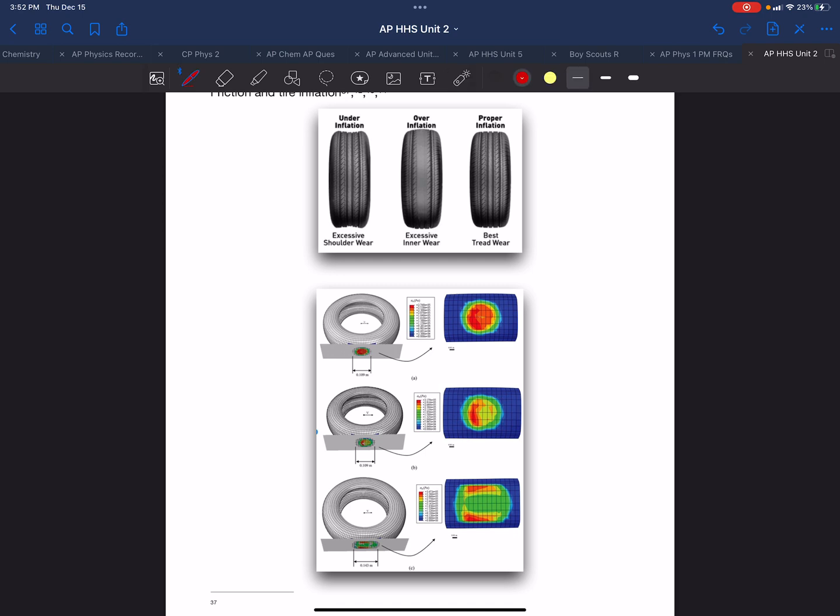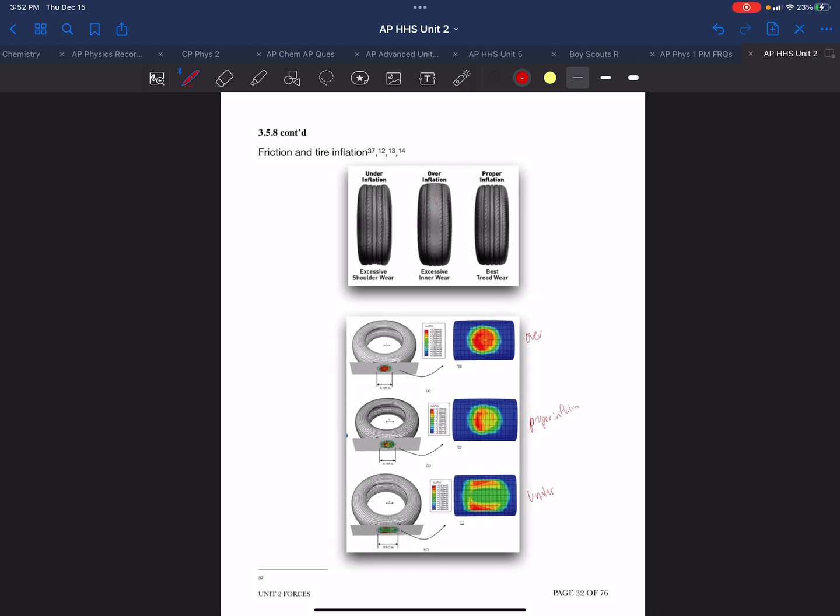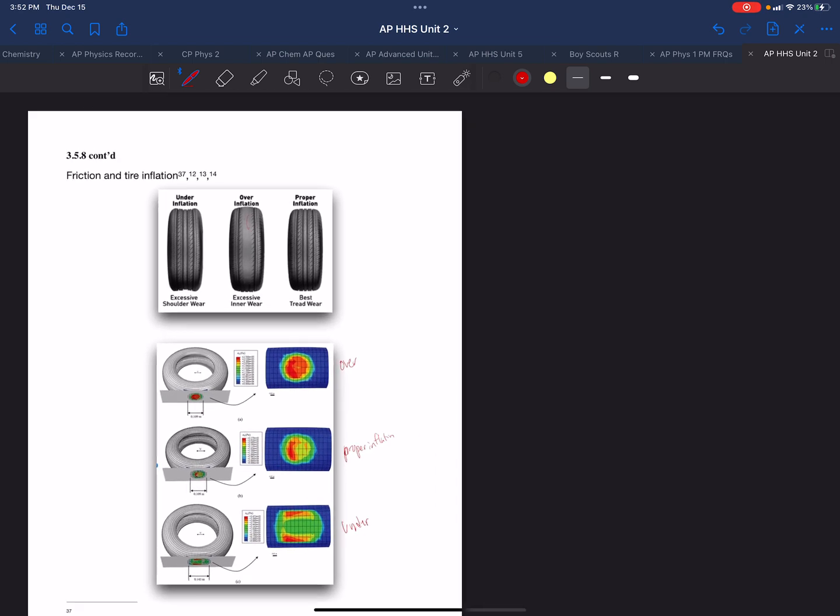And so when we look at these different tires, this one is underinflated. This one is overinflated. And you can see here that most of the pressure is in a very, very small point in the center from the overinflation, and this is proper inflation. And again, you see that because the pressure numbers are much, much smaller all around.